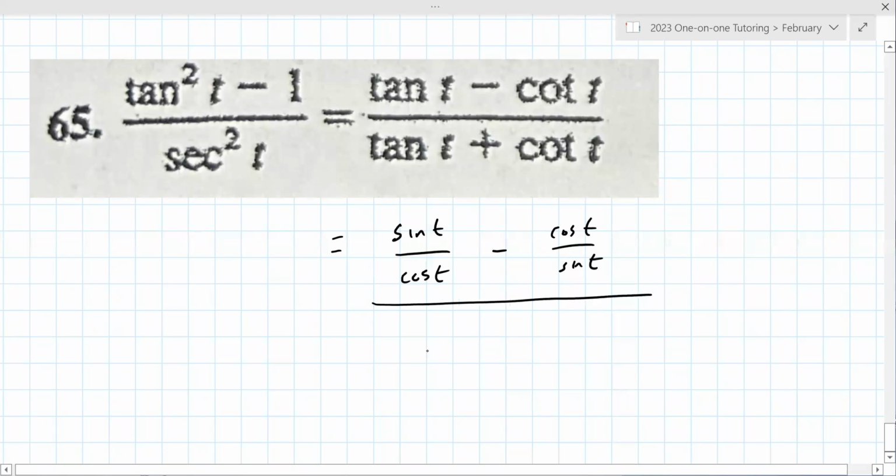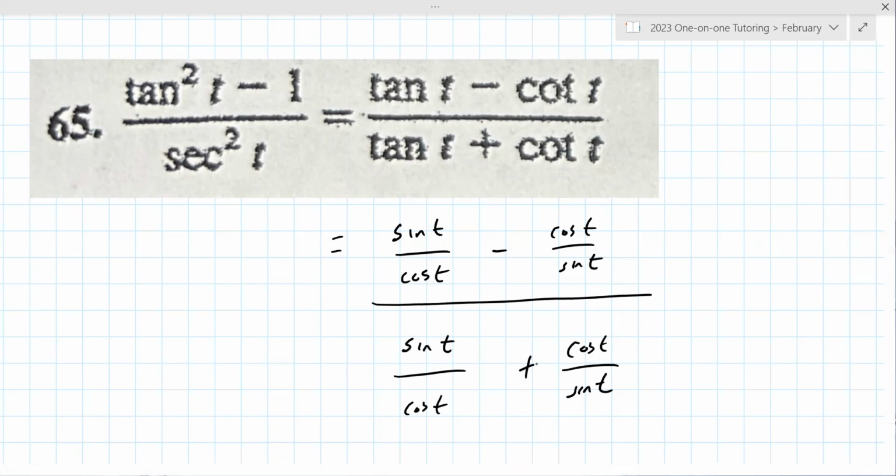But you're gonna essentially have on the bottom here, really similar. Sorry, cosine t over sine t. Okay, and then you can make the bottoms the same in both. So that would be my recommendation.